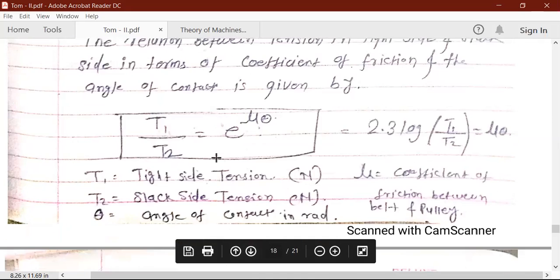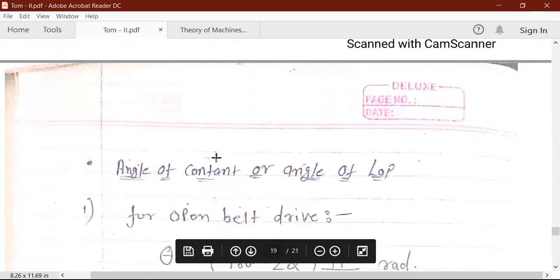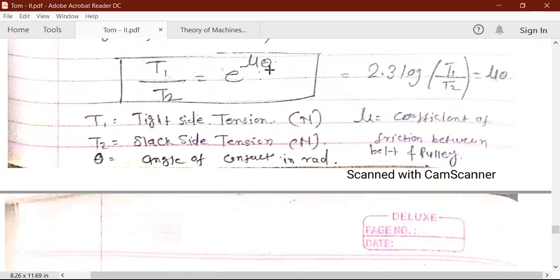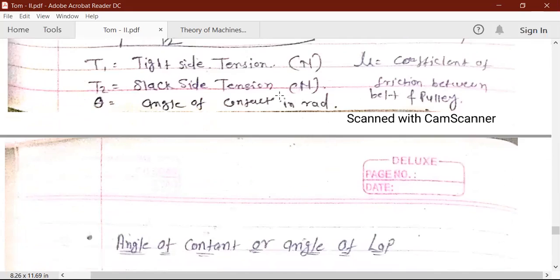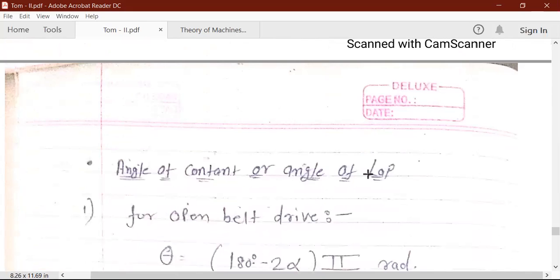Now, this theta is known as the angle of contact or angle of lap. This theta value is different for an open belt drive and for a cross belt drive. So how is this theta calculated? There are two formulas for the angle of contact or angle of lap.